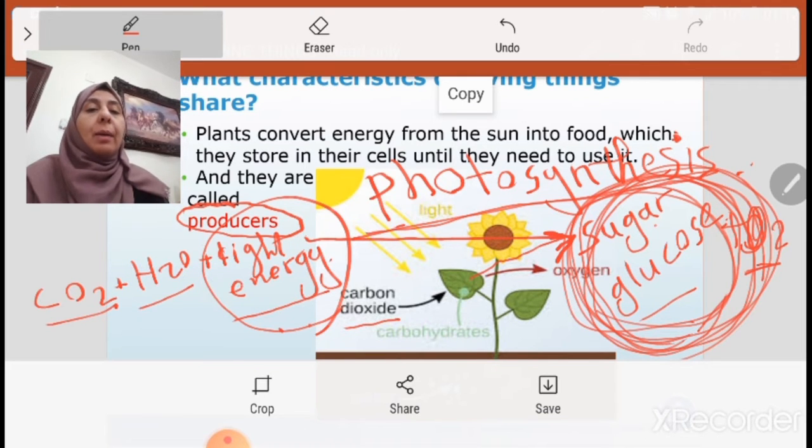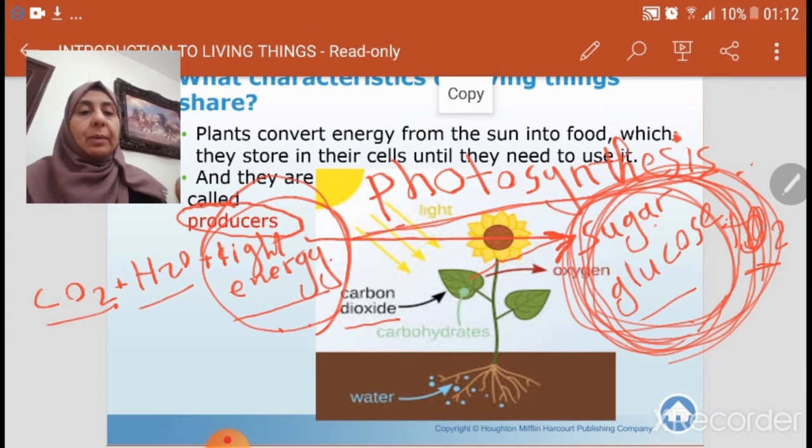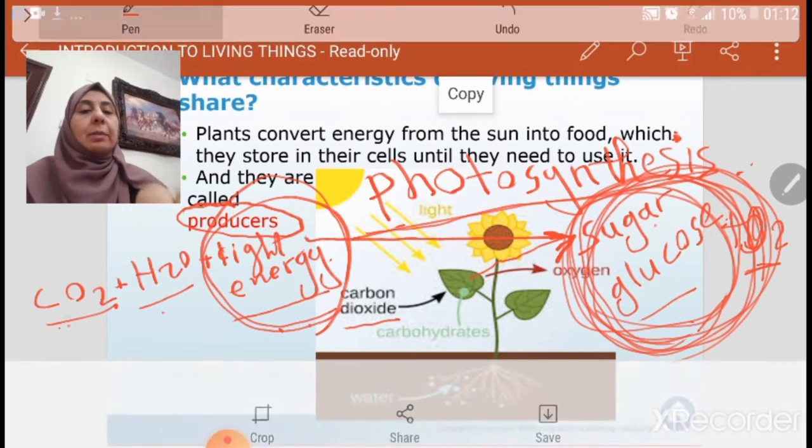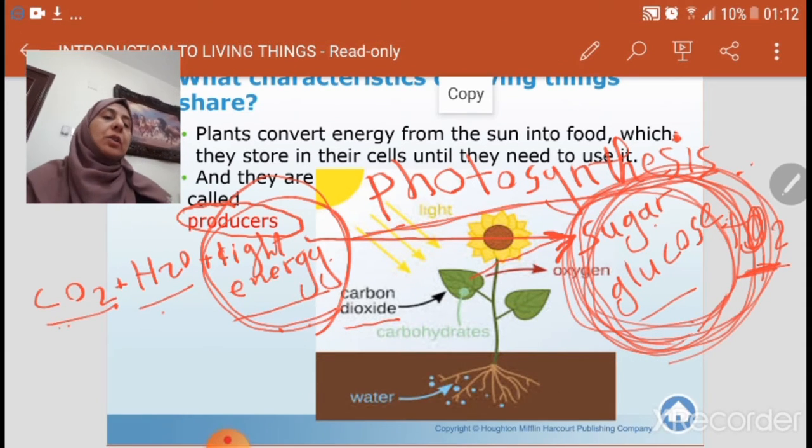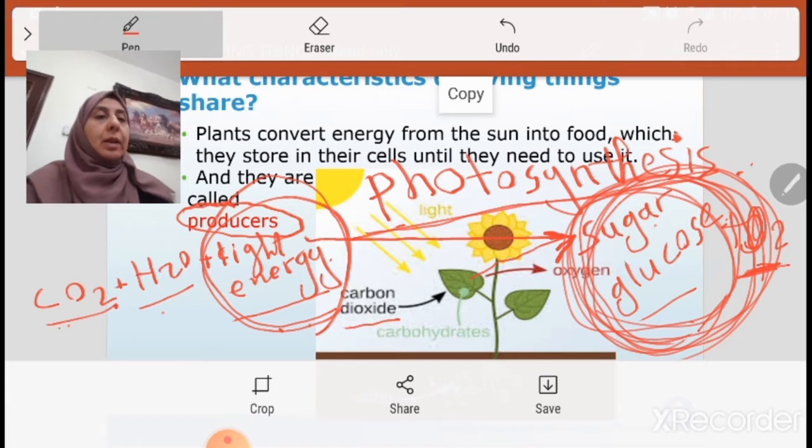How? From the energy that they absorb from the sunlight. So they absorb the energy from the sunlight using some materials, carbon dioxide and water. They make the sugar, glucose, and they produce the oxygen. That's it. Okay, let's go now to the other organisms.